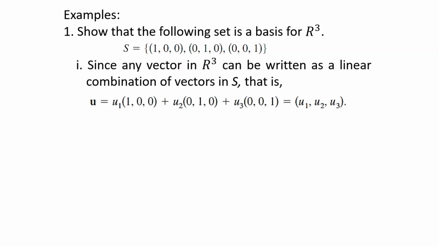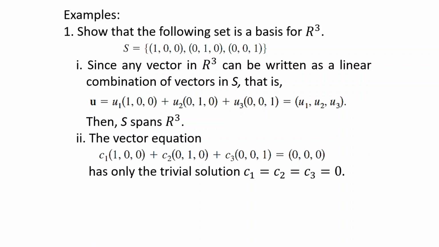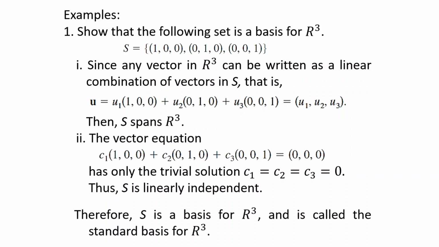Now, since this vector equation has only the trivial solution, we have c sub 1 equals c sub 2 equals c sub 3 equals 0, then S is linearly independent. So it follows that S is a basis for R3 and is called the standard basis for R3.